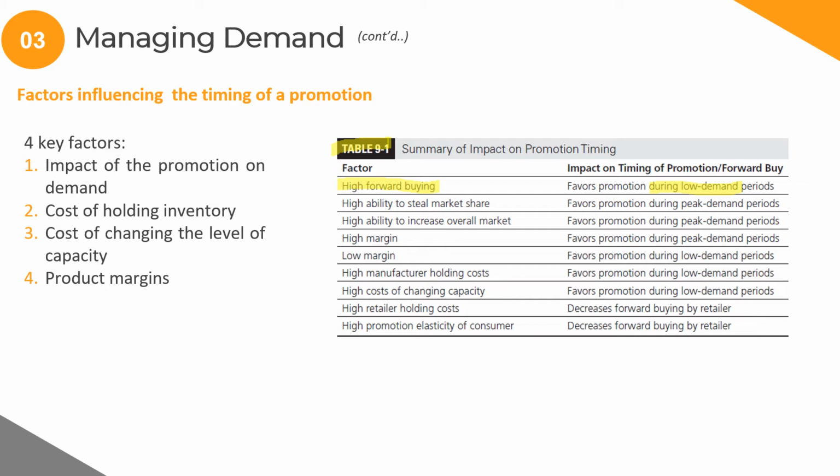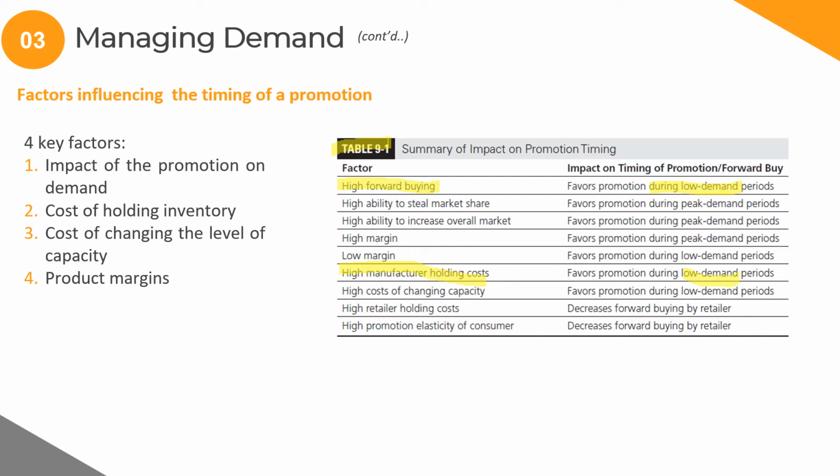And then another example is if the manufacturer has a high cost of holding inventory or finds it expensive to change production levels, it is best to offer a promotion during low demand periods.